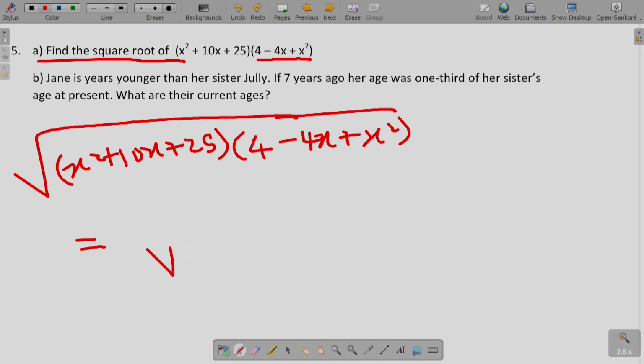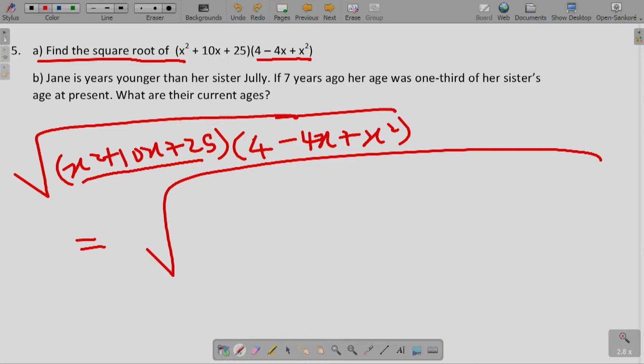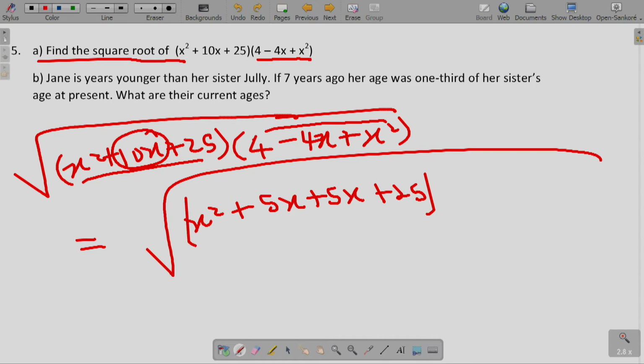Now this is equal to the square root of, let's factorize this term and also let's factorize this term. From here we split the middle term, so x squared, and this we can write as 5x plus 5x plus 25, and also here we split the middle term for minus 2x plus x squared.